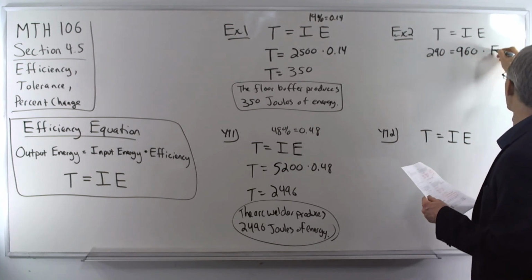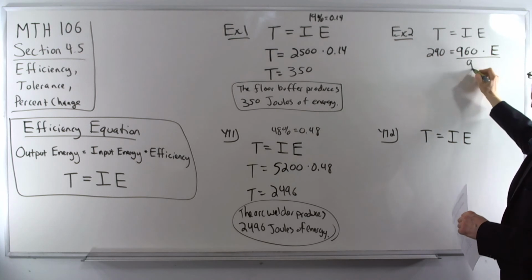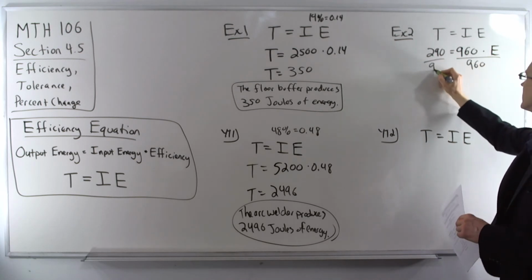And we're going to multiply by E. All right, so we want to get E by itself, so we're dividing by 960 on both sides.